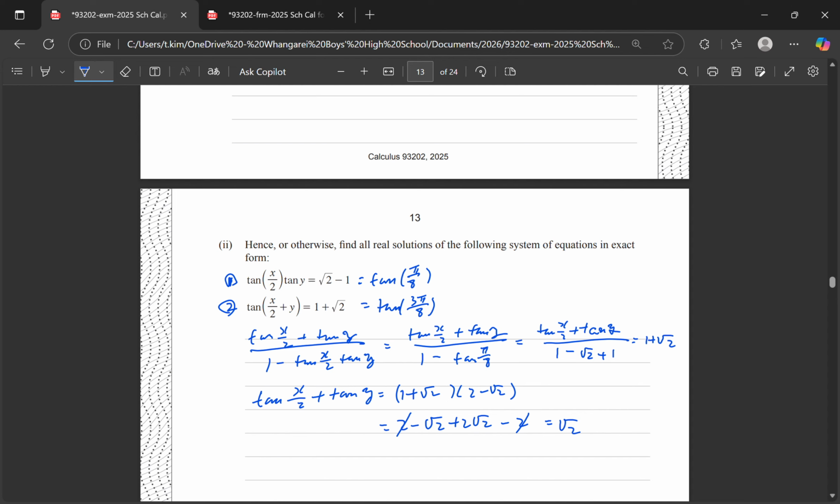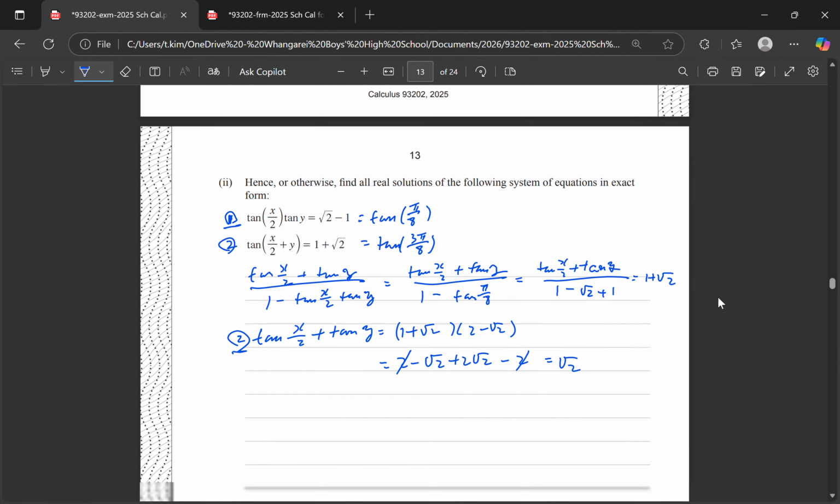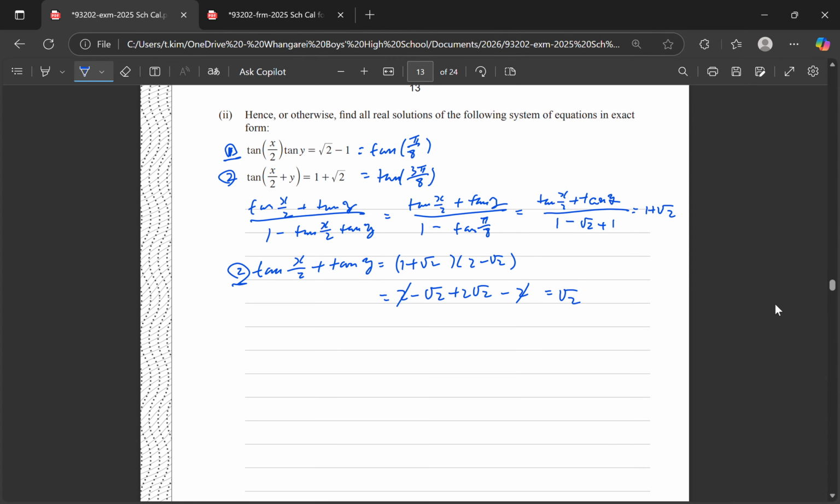So when you see equation, this is 2, right? So this is from equation number 2. So 1 and 2, I'd like to substitute. So say big X being tan(x/2) and big Y being tan y, right?